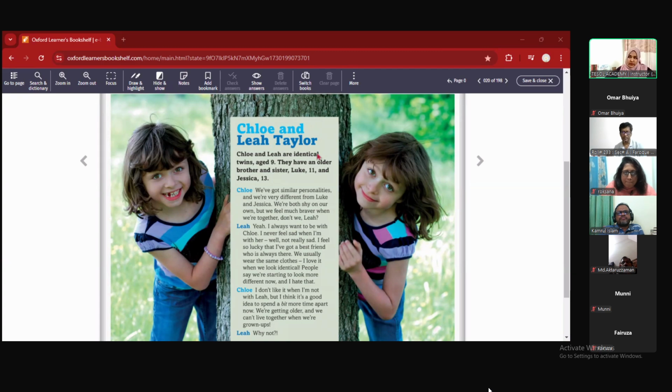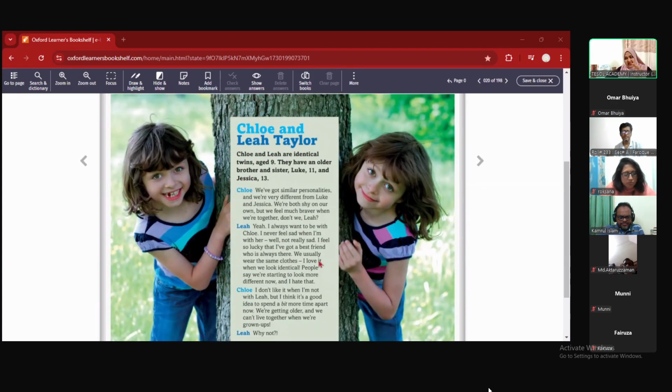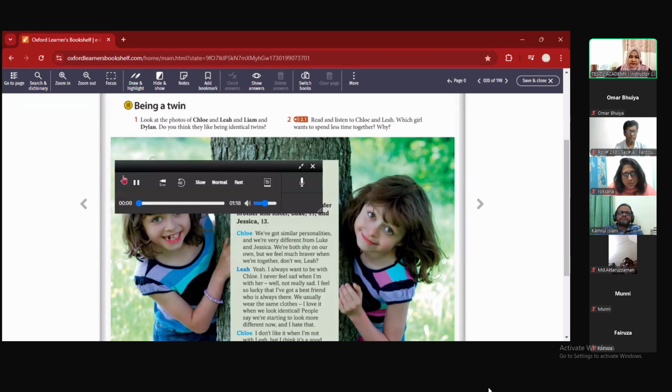I'll do the same right now. The passage given here about Chloe and Leah is what they will be talking about. So you listen and read it. I'll play it. Pay attention, everyone.